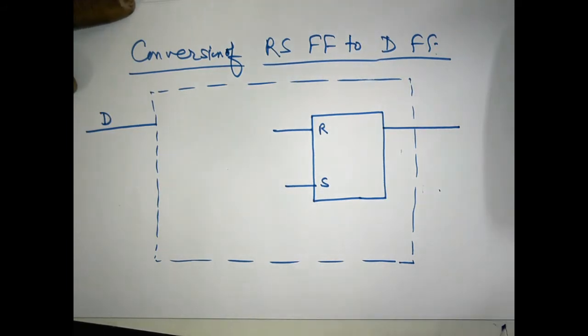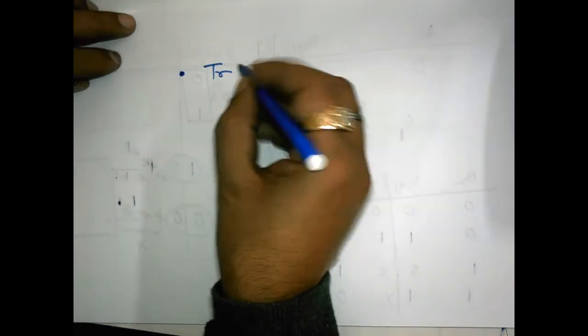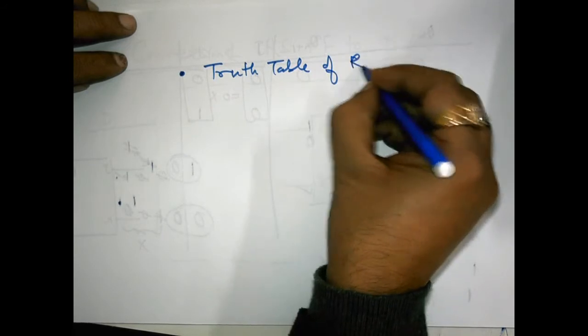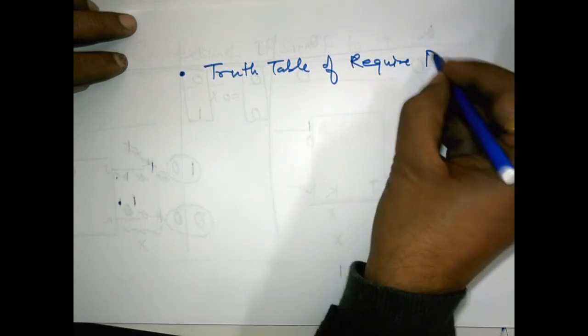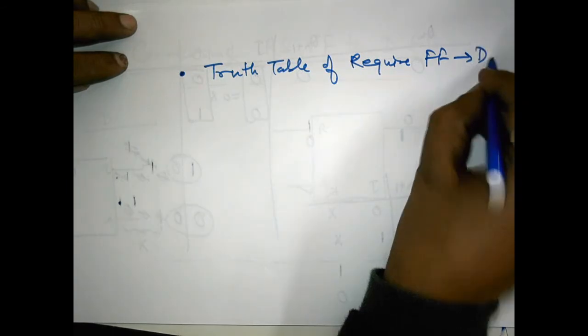The very first step is the design procedure. First you draw or write down the truth table of the required flip flop. And what is the required flip flop in this situation? D flip flop.